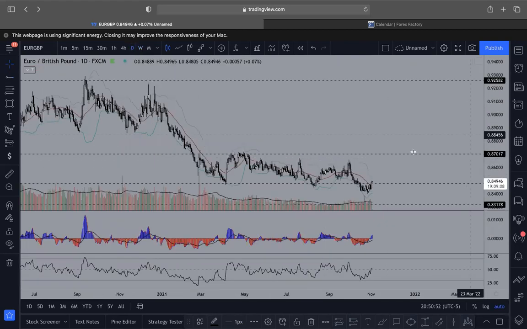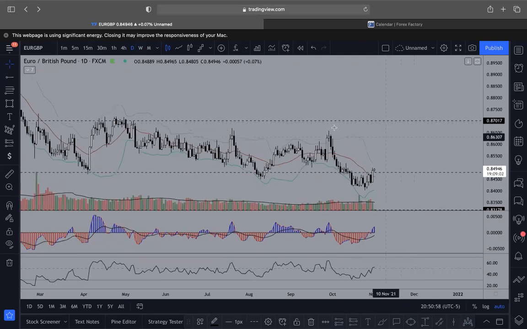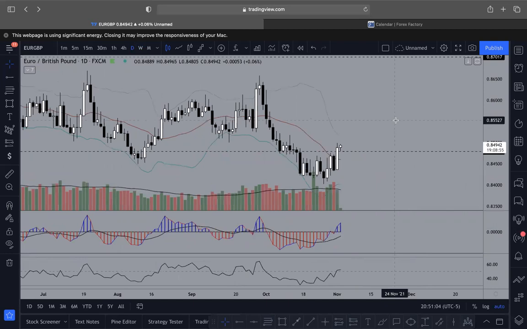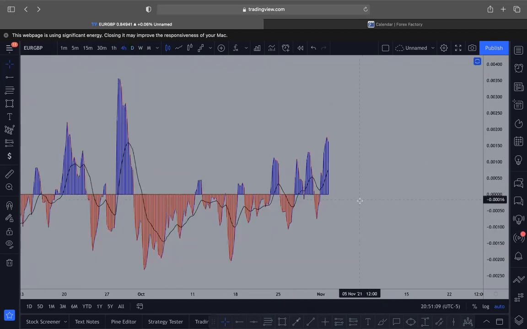Now, I'm leaning in favor of this starting to move to the upside, to at least, at the very least, this area for now. There was some good divergence on the lower time frame.